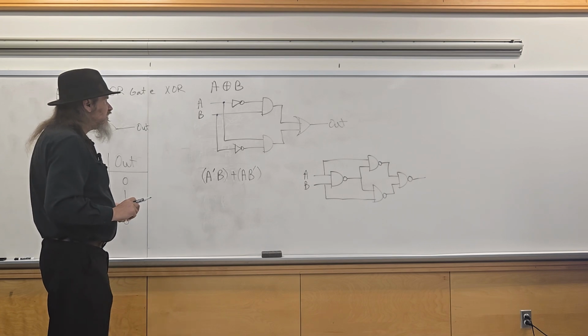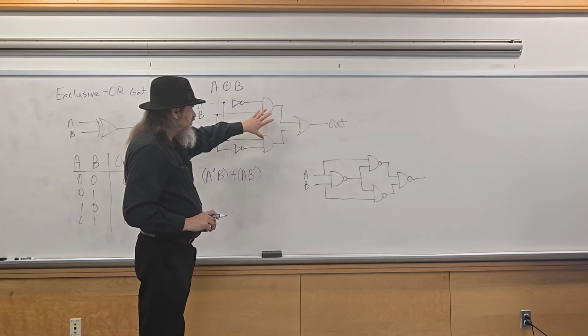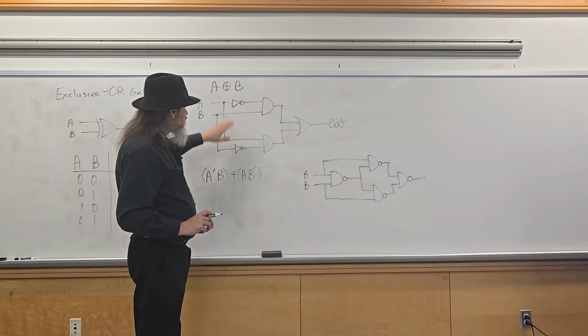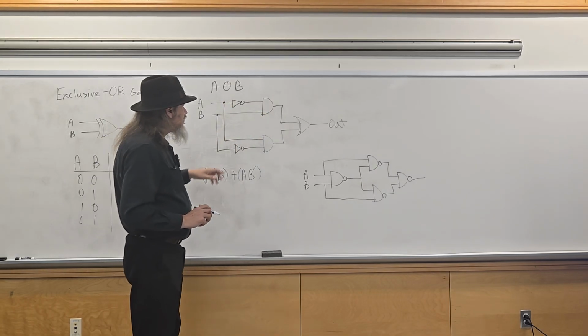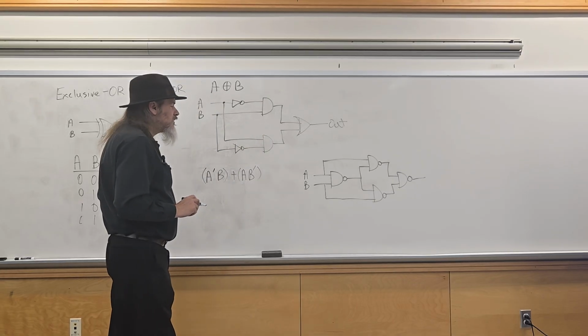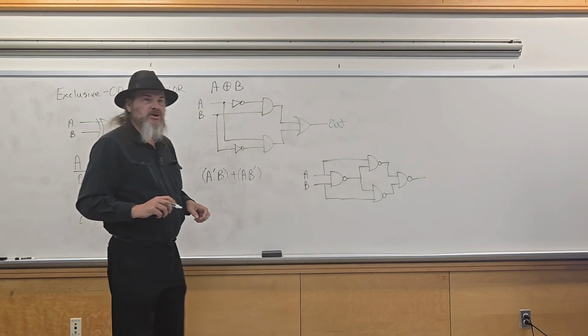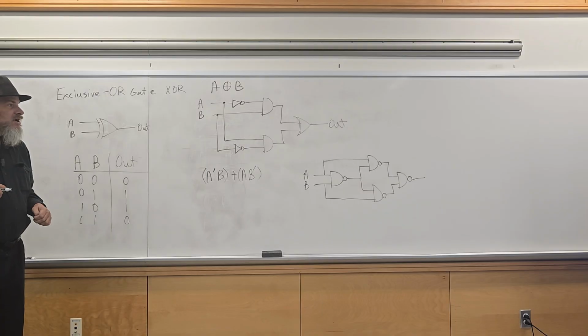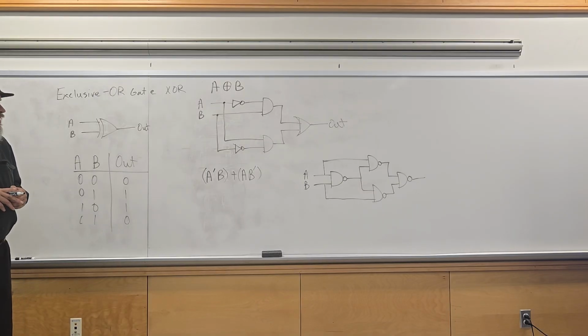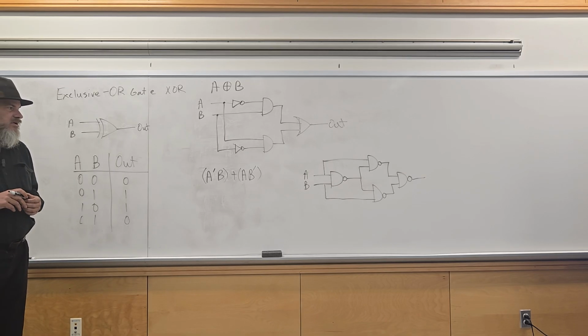If you figure each of these three gates uses a minimum of 3 transistors, and the inverters each use 1, this would be 11 transistors minimum, whereas this only has 2 for each one, and so it would use only 8. So the NAND implementation of the exclusive OR gate is more space efficient as far as putting it on a chip die.